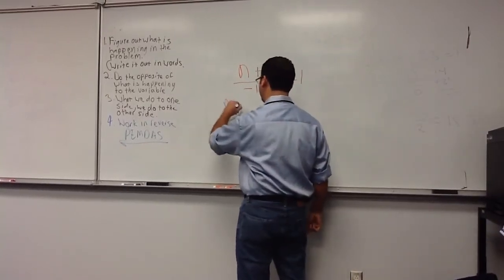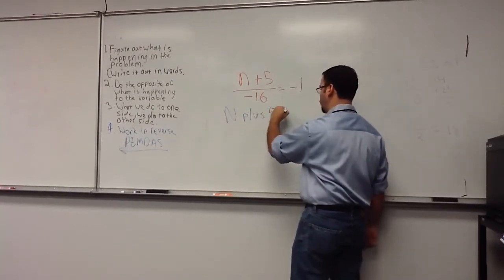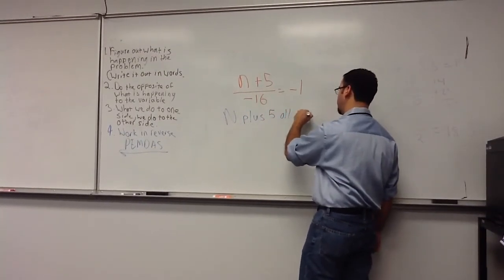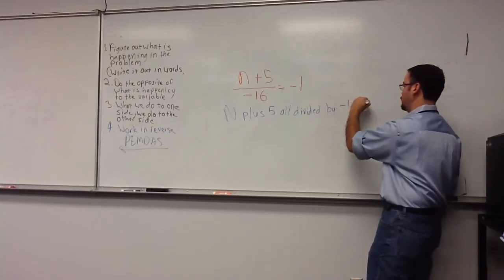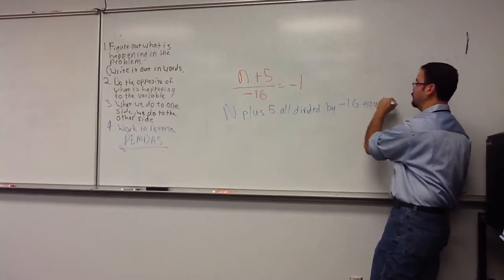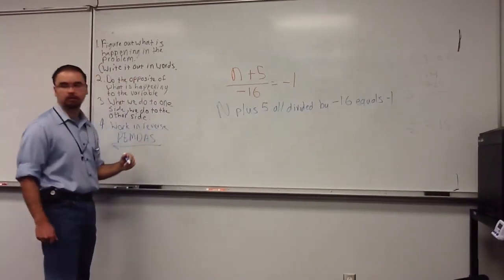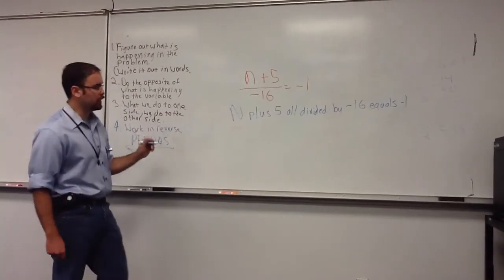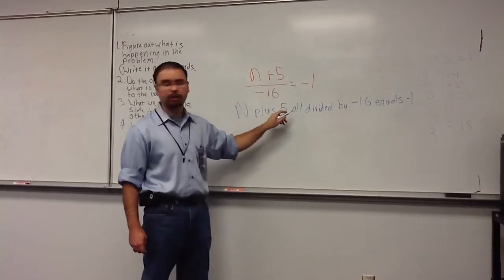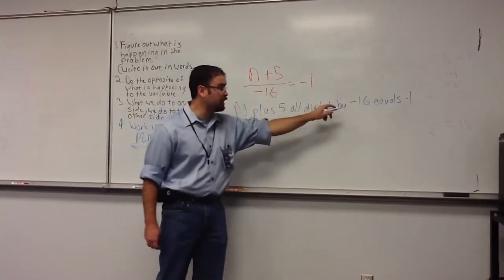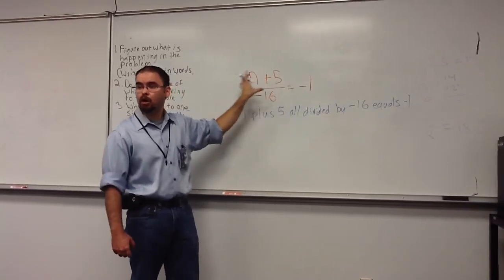We have n plus 5, all divided by negative 16, equals negative 1. Right? Okay. So, notice how I say all divided. Because if I just said 5 divided by 16, it would just be this divided by 16, right? So all of this is divided.